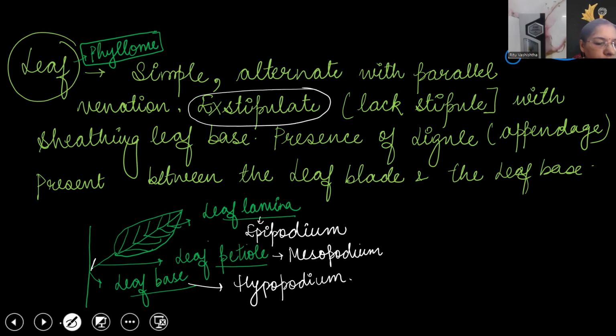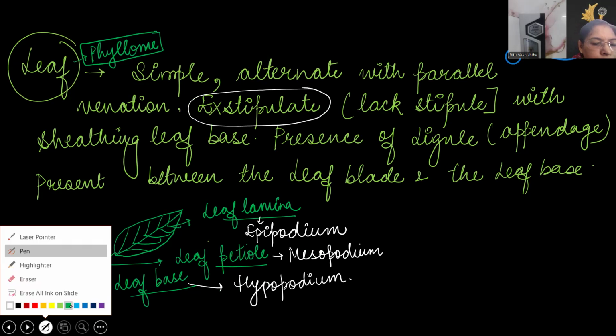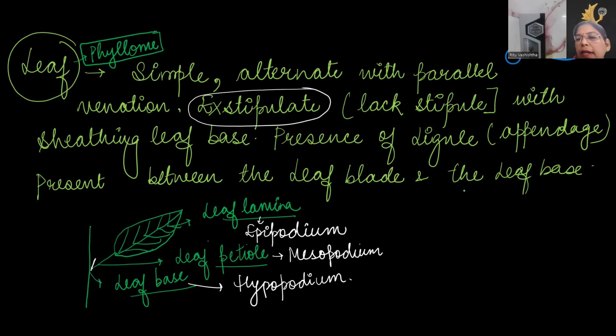Let us discuss what parallel venation is. I'll take the example of the banana leaf, which is very common and you all might have seen. Let's suppose this is a banana leaf. In the banana leaf, parallel venation can easily be recognized. You will find it like this.